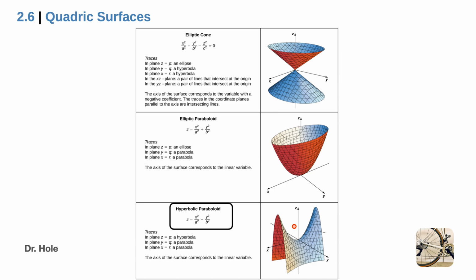Horizontal traces on the hyperbolic paraboloid are hyperbolas. The vertical trace parallel to the YZ plane is a parabola opening down. The vertical trace in a plane parallel to the XZ plane is a parabola opening up. Nice.